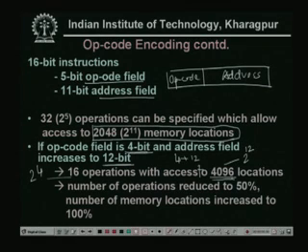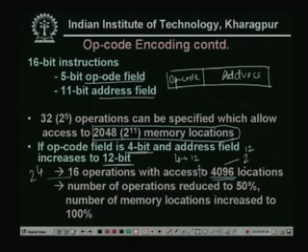That means the data stored on these 4096 locations are being operated on by these 16 operations. Now, the number of operations is reduced by 50%. When it was 5-bit, 32 operations could be supported. Now, the opcode field is reduced to 4-bit.